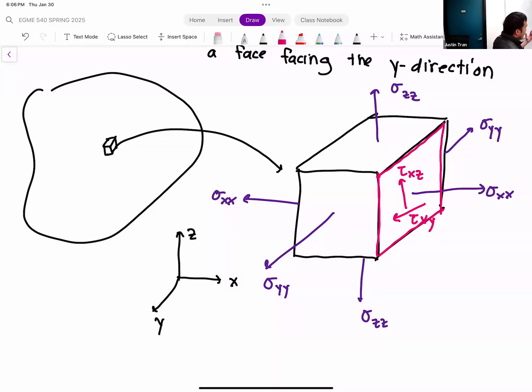There are two components of shear stress on every other face. Okay, so I'll draw a few more. For instance, we have this direction here, which is tau yz. We have this direction here, which is tau yx. And then on the top surface here, we have tau zy, and right here, we have tau zx.